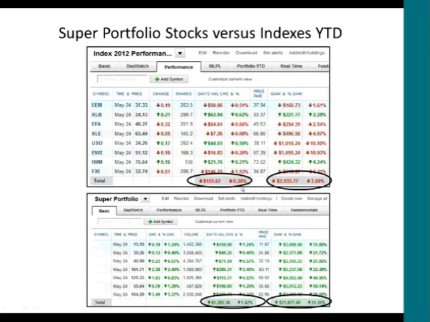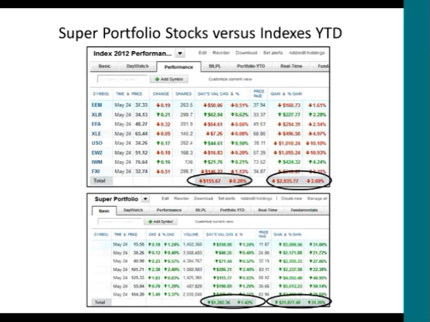On this particular day, these ETFs were down 0.2%, down 3% for the year, and at the same time, that day the super portfolio stocks were up 1.4%, and for the year they were up 31%. So it just shows you the outperformance of the super portfolio versus these global markets.